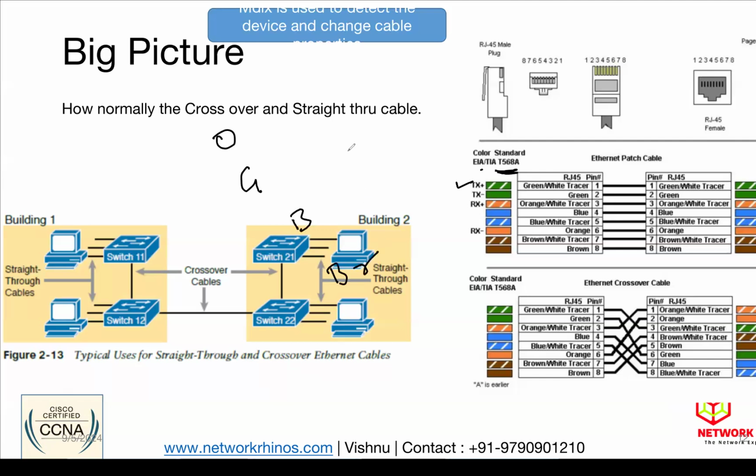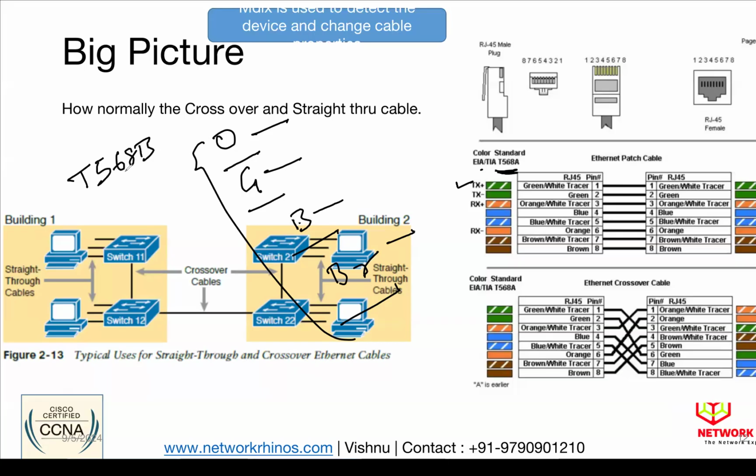That's all. Orange, white orange, green, white green, blue, white blue, brown, white brown. If you see this, it's called the T568B model. If it starts with green, that's called the A model.